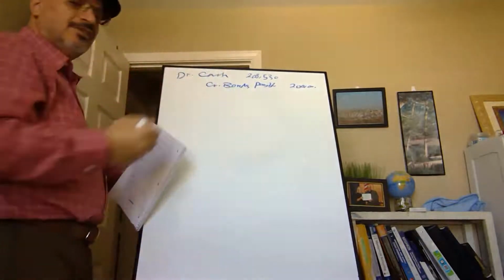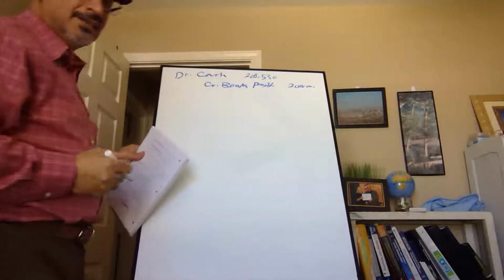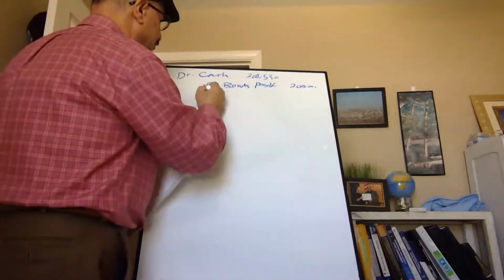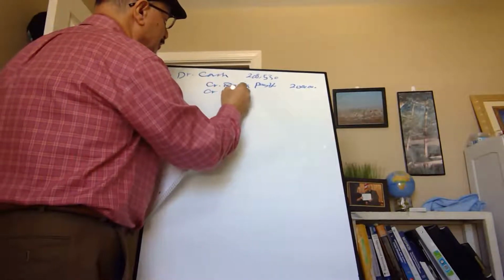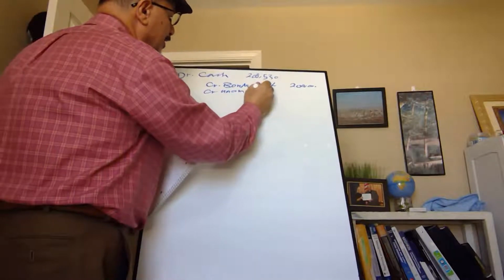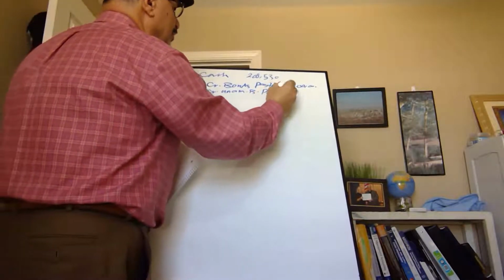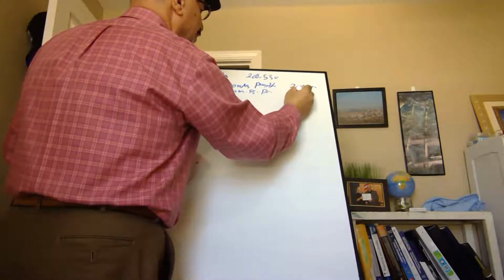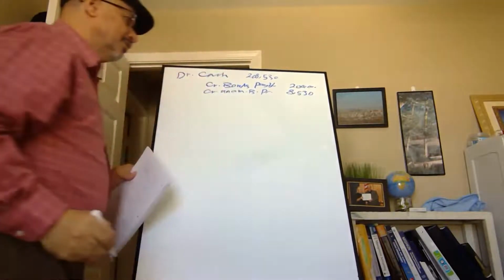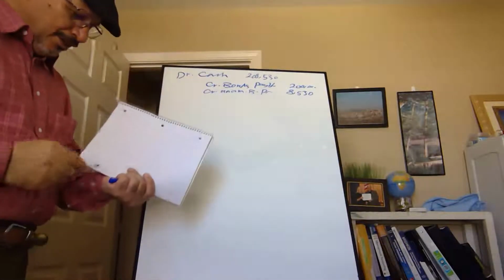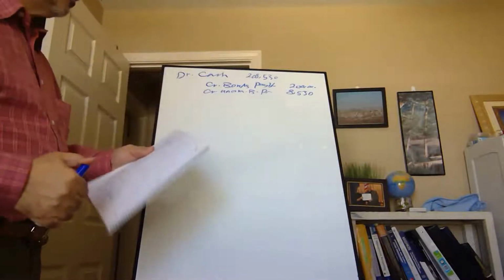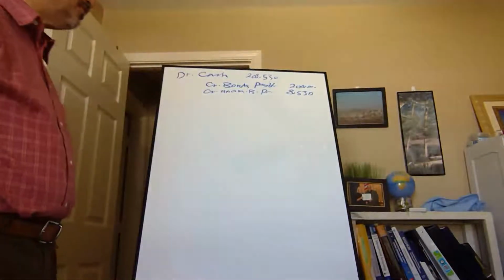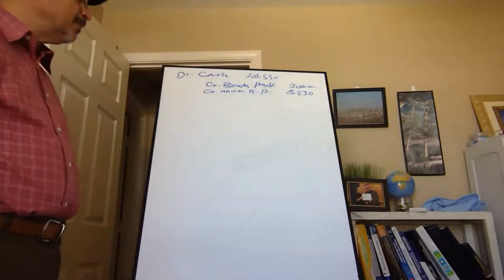The difference between the two is the unamortized bond premium, for 8,530. Okay, that is the original journal entry for issuing the bond at a premium.